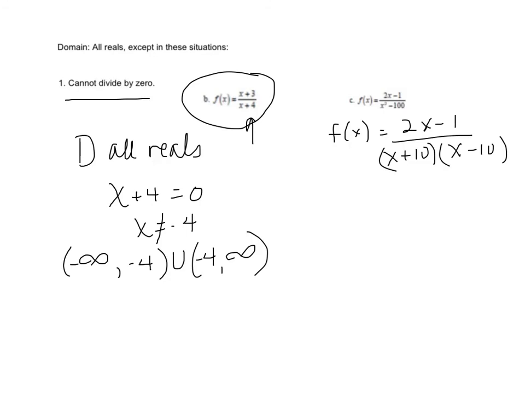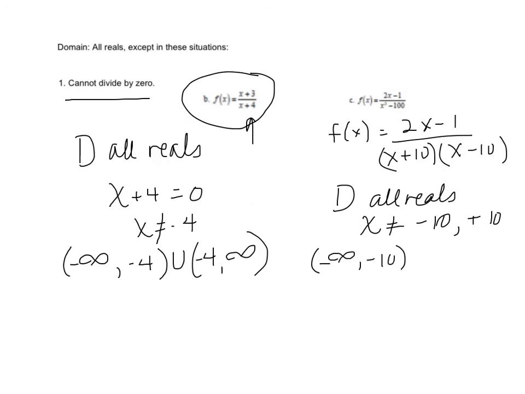So the domain for this one would be all reals, but x cannot be -10 or +10. And if you're writing that in interval notation, it's a little more challenging: from negative infinity to negative 10, negative 10 to 10, and then from 10 to infinity. It's kind of long, but there you go.